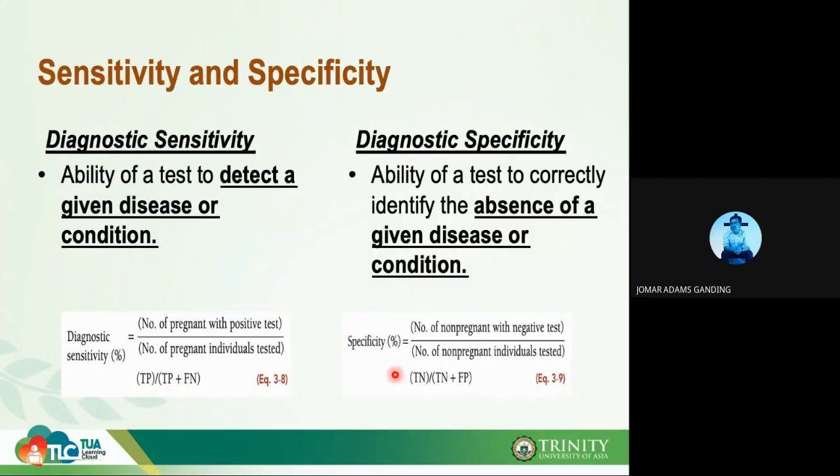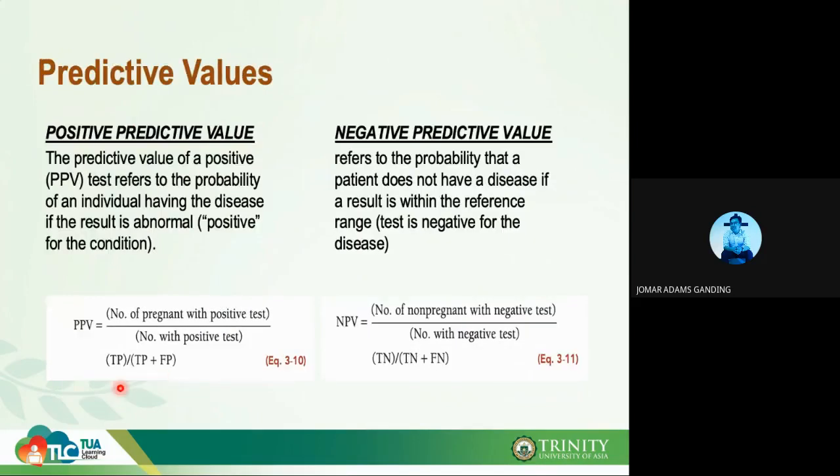Here, true negative all over true negative plus false positive. And for the predictive value, the positives and the negatives come together. So true positive all over true positive plus false positive. The negative predictive value, true negative all over true negative plus false negative. I hope that's clear. It's just a matter of formula.